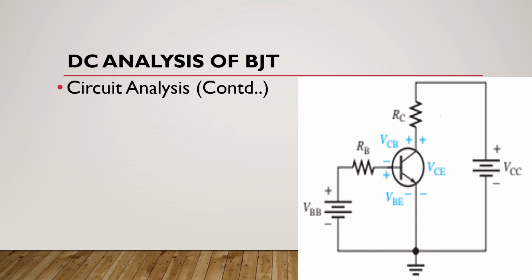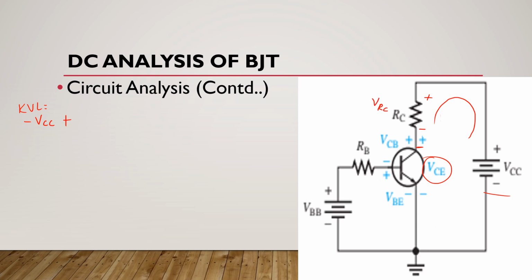Now, if we look at this region and if we apply KVL here from this point to this point, here we have VCE, then what would be our KVL equation? We start from this point, it is minus VCC plus, here this terminal of this resistor is positive and this is negative, and here the voltage drop across this resistor is VRC.